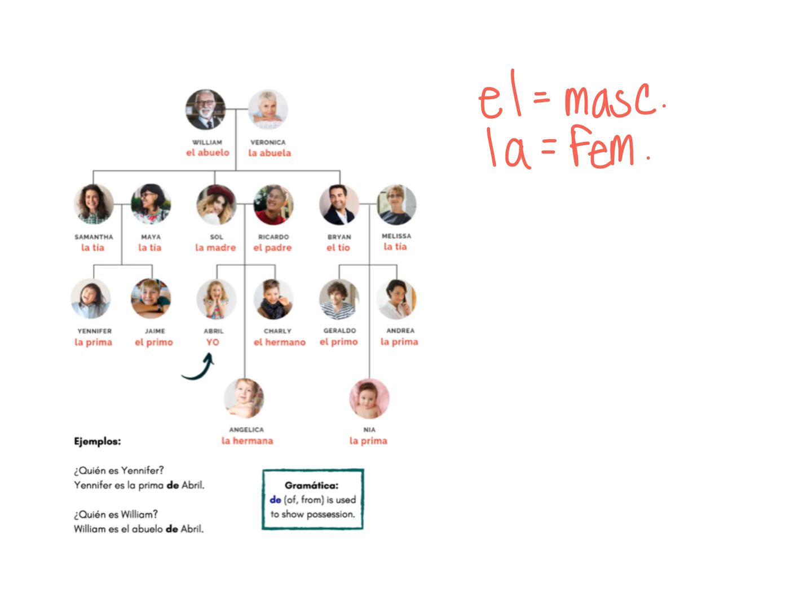So in English we don't distinguish between boy and girl cousins, but in Spanish we do. So you have to pay attention to that when you see primo, it's referring to a boy cousin, and prima is referring to a girl cousin. And in English we would just say cousin for both of them.